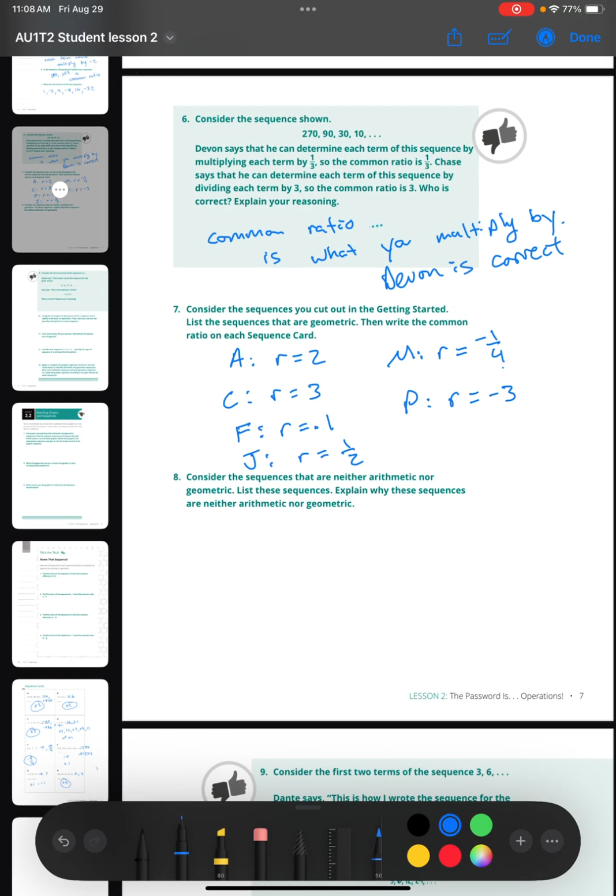Okay, 8, consider the sequences that are neither arithmetic nor geometric. List these sequences and explain their consequences. So these are the ones that most of the time had 2 operations involved. Okay, the ones that had that were D, G, I, L, O. So those have no common difference or common ratio.